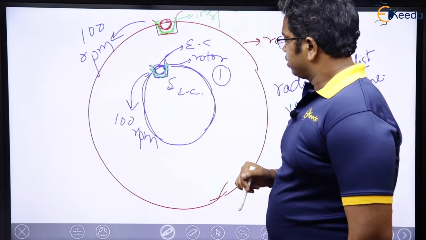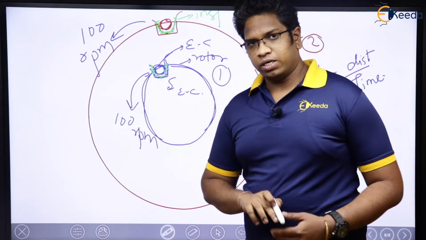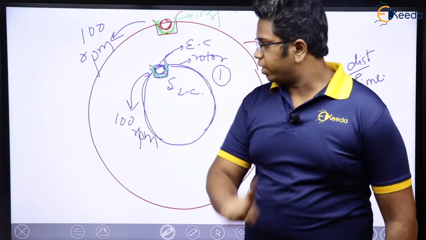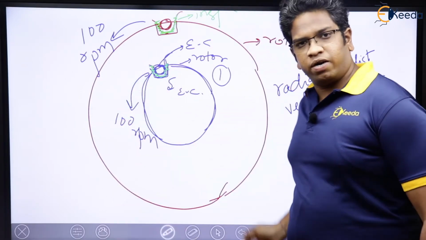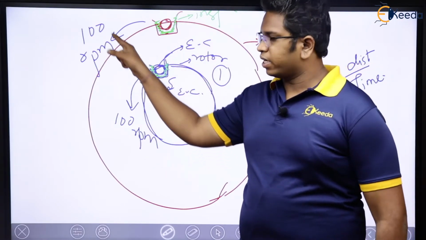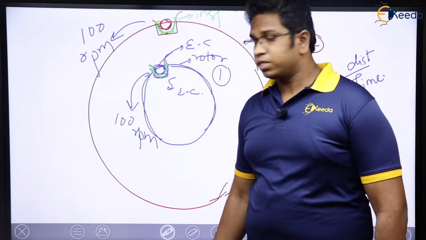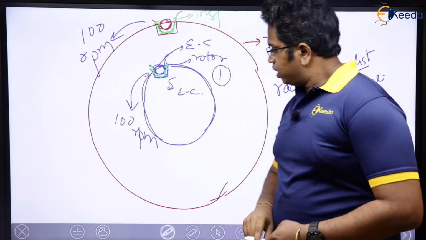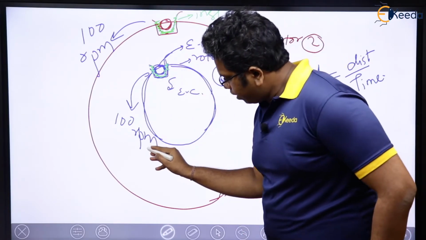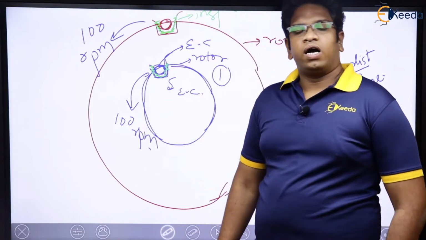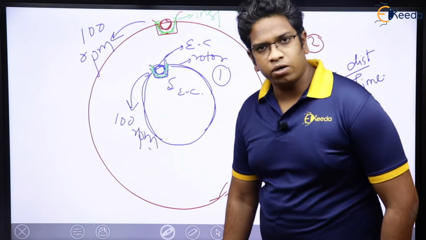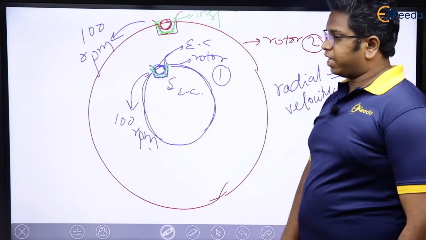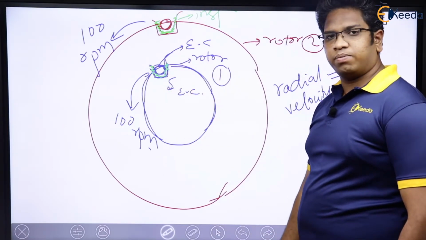See here, please tell me one thing. If in 1 minute this rotor, the red one, rotates 100 rotations, then the blue one also in 1 minute will rotate 100 RPM. Right or wrong? So the 100 RPM speed is same, which means the time taken will also be same.